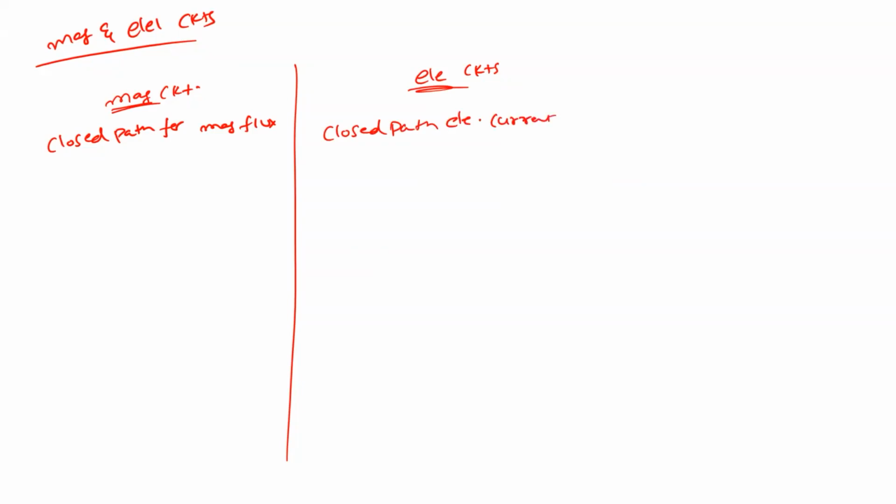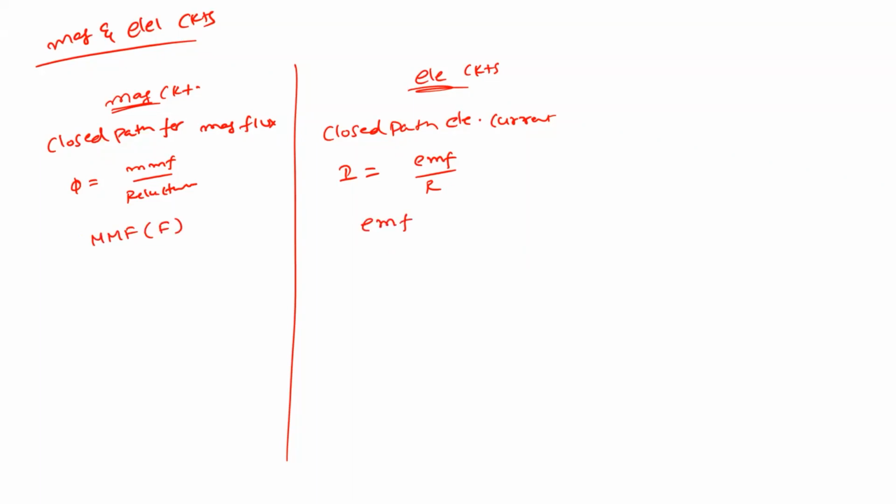Okay. So here you have flux, which is MMF by reluctance. Here you have current I, which is EMF by resistance. Agree? So on one side you have MMF, magnetomotive force, and here you have EMF.